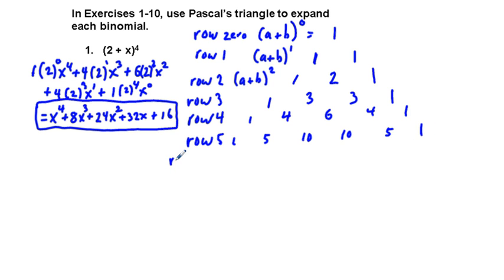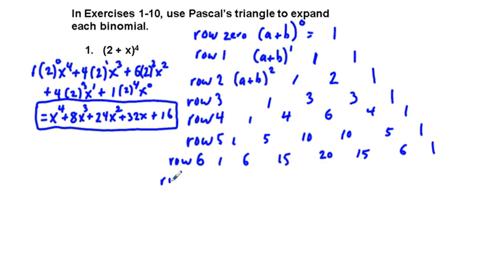Row 6, we're going to come back and use these. We have 1, 1 plus 5 is 6, 5 plus 10 is 15. In the middle, 10 plus 10 is 20, and then 10 plus 5 is 15, 5 plus 1 is 6, and then 1 on the edge.